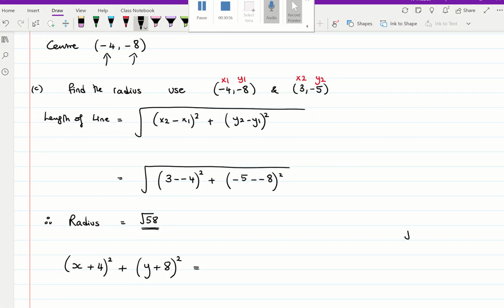So the root 58 squared is going to be 58. So the equation of the circle is the center, and it equals the radius squared. So we found the equation of the circle. And this is the end of section 2.4.